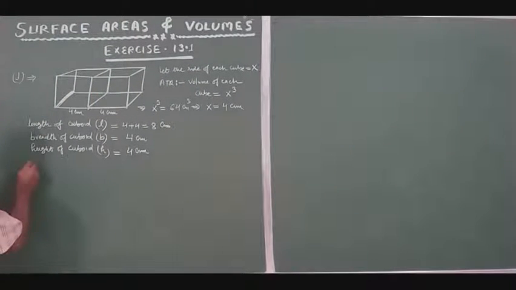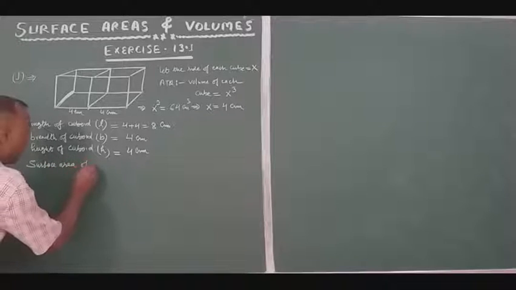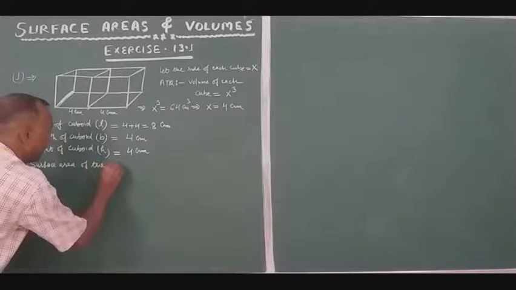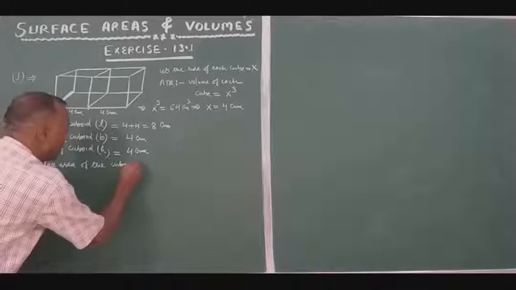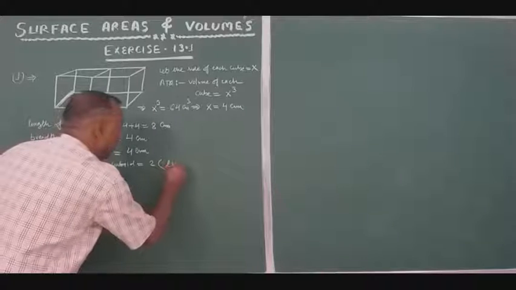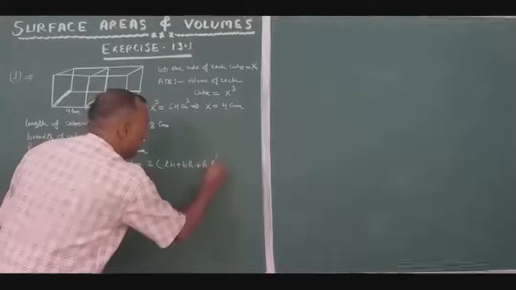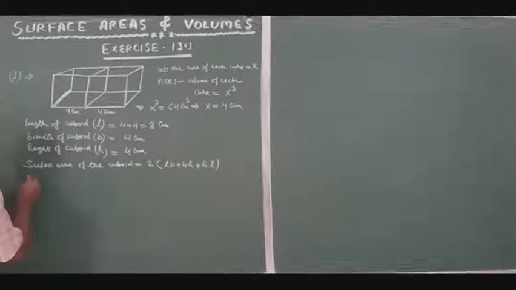The question is to find the surface area of the resulting cuboid. The surface area of the cuboid is given by 2 times (L into B plus B into H plus H into L). Now just put all the values.